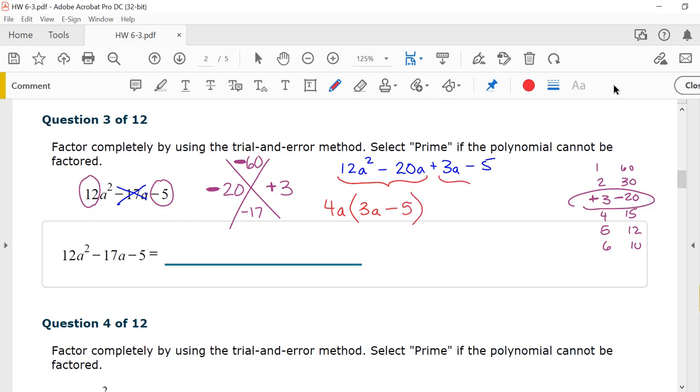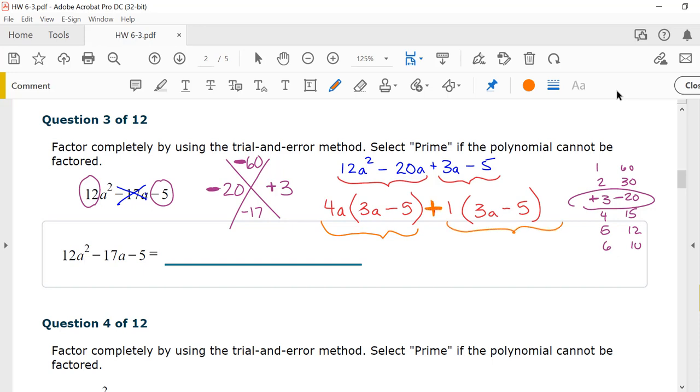Now, can I pull anything out of these last two terms? And the answer is no, it's just a 1. So if I pull out a GCF of 1, I'm left with 3a minus 5. Do you see that you have two terms now? This one plus this one.